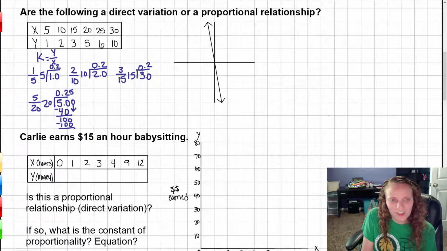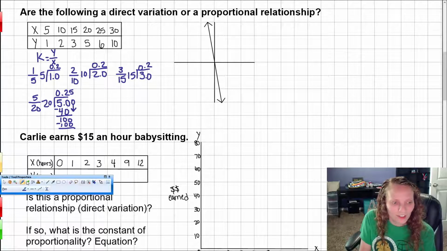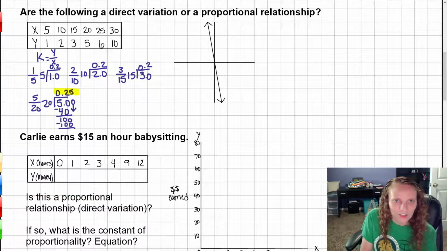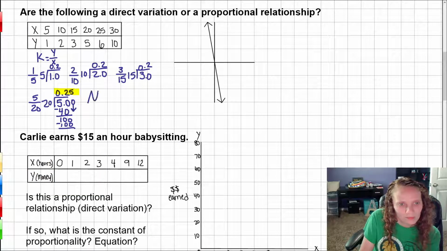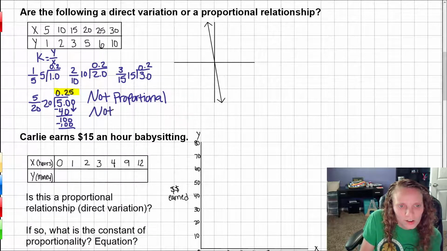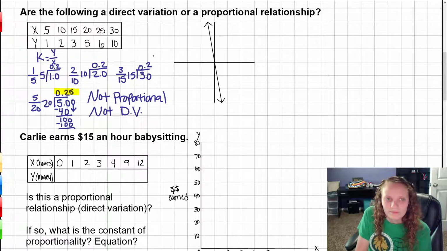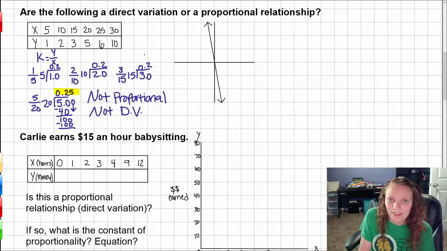If you notice, the first ones were 0.2, 0.2, 0.2, and then all of a sudden 0.25. Because of this number right here, this is not a direct variation or a proportional relationship. Not proportional, not a direct variation. So it would have to give us the same number every single time when we do y divided by x.